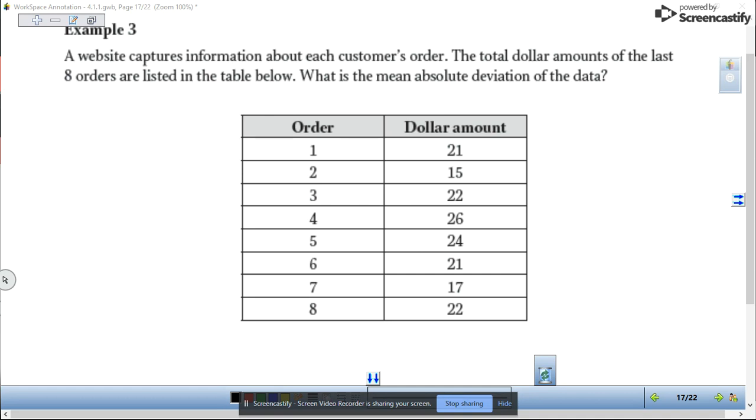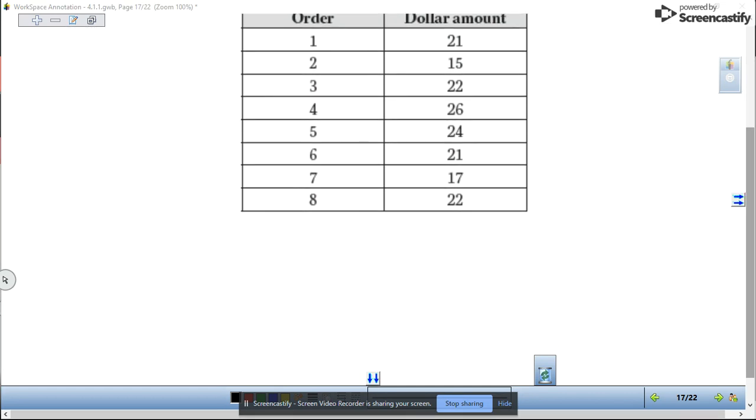So the first thing to do in the mean absolute deviation is to find the mean. So we're going to add up all of these, and when you do, you're going to then divide by 8.